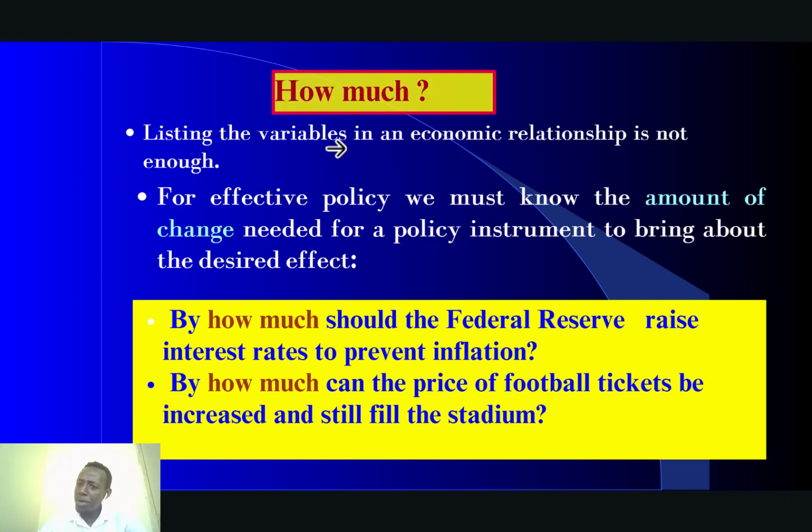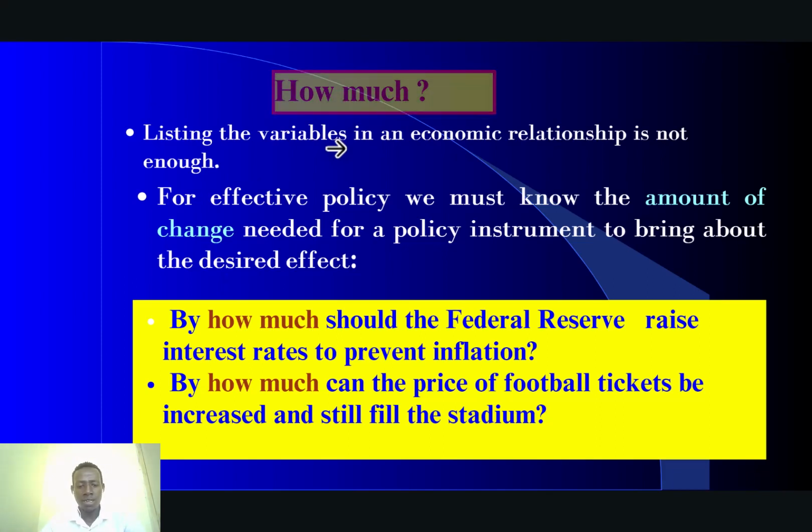So this is why we need the course econometrics. This helps us to build this concept or theory and then support it with the data and the results and efficient output. For instance, we don't know by how much the Federal Reserve should raise the interest rate so that it can prevent inflation.